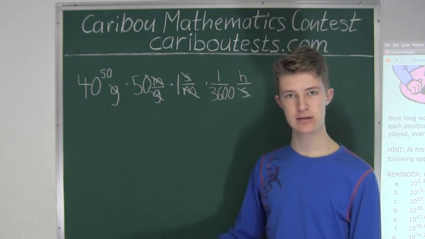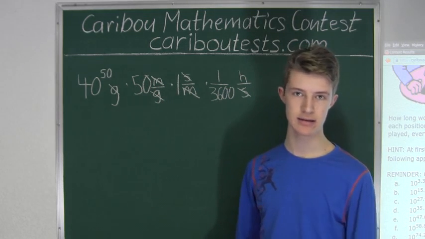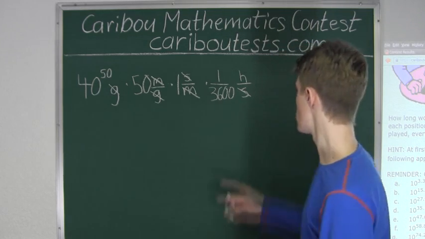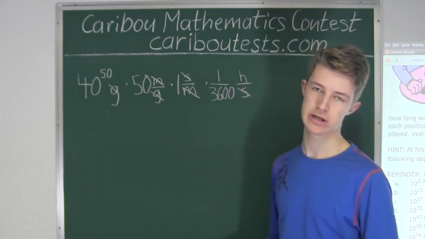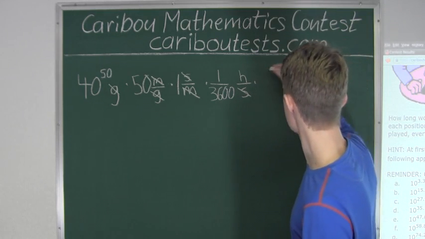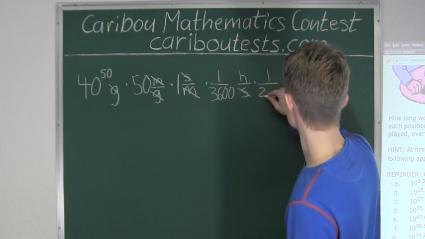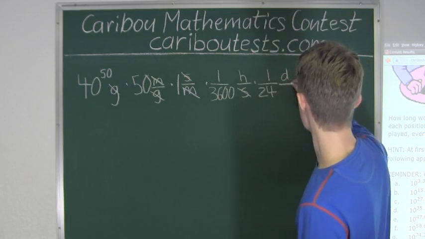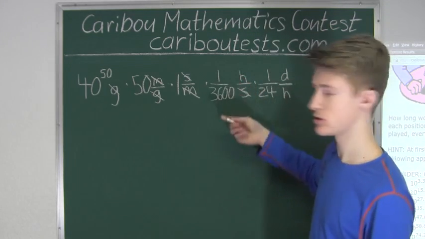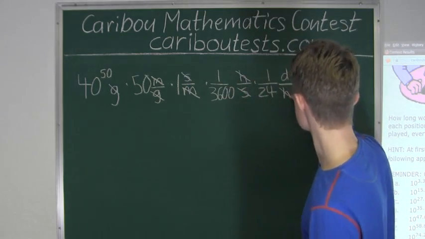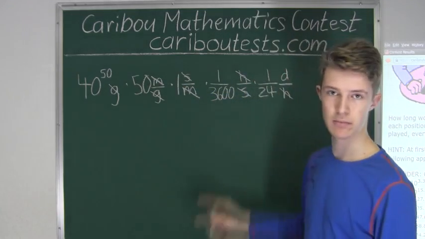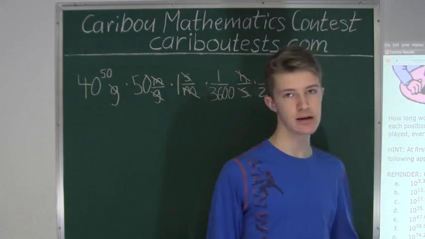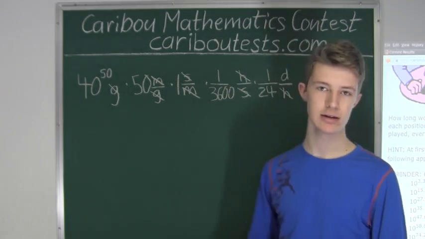Okay. And now the next biggest unit from hours is days. We know that there are 24 hours in a day, so we will divide this by 24, which is again just multiplying by the inverse, 1 over 24. That is days per hour, and we can cancel out the hours, and we have this many days. Finally, all the options are in years, so instead of days, we want years.